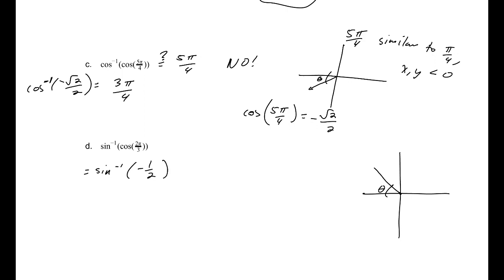And then if we look at negative 1/2, the angle that gives us that between negative pi over 2 and pi over 2 is going to have to be negative pi over 6. Negative pi over 6. So that's our answer to that question.